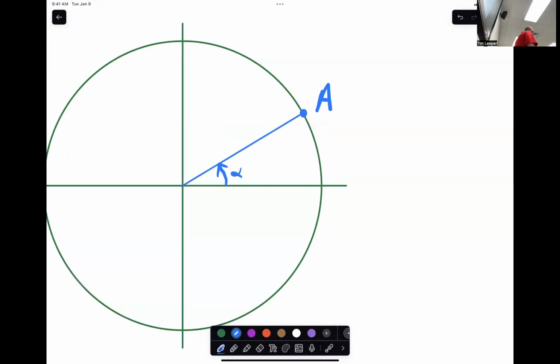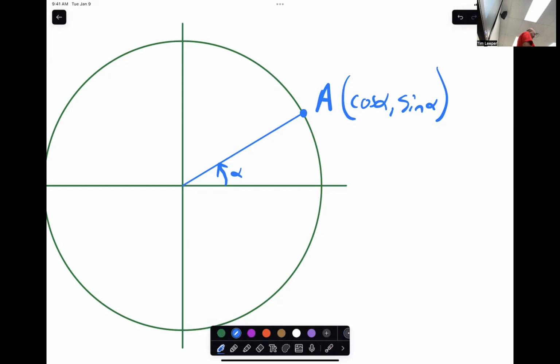Now, this alpha means that the coordinate for A, if we consider this the unit circle, then the coordinate here would be the cosine of the angle alpha, comma, sine of the angle alpha. Because remember, on the unit circle, the x-coordinate is cosine, the y-coordinate is sine.